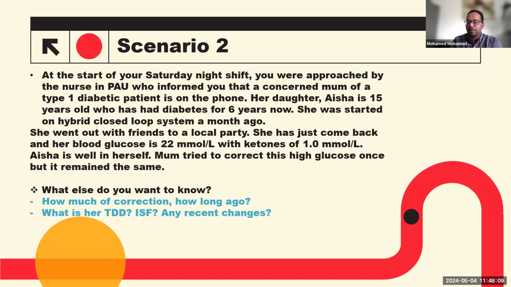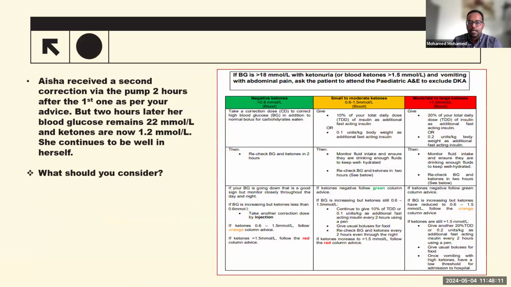So then you advised a second correction with the pump 2 hours after the first one, as per your advice, but 2 hours later, blood glucose remains 22, and her ketones are now 1.2 millimoles per liter.